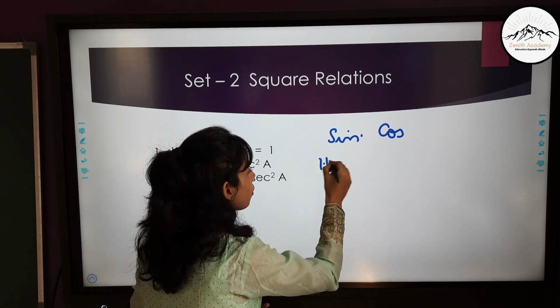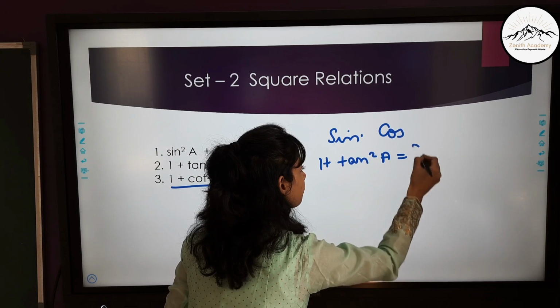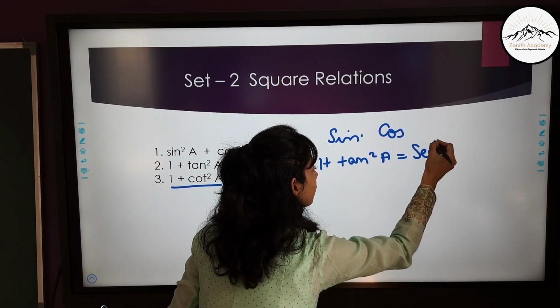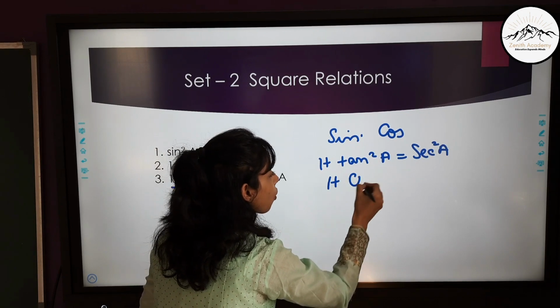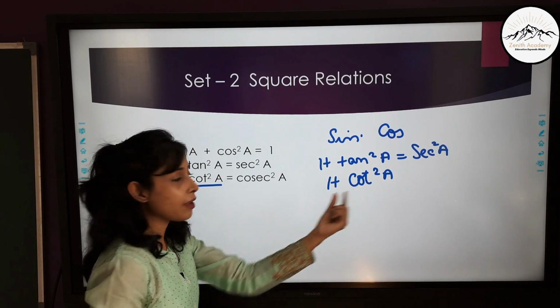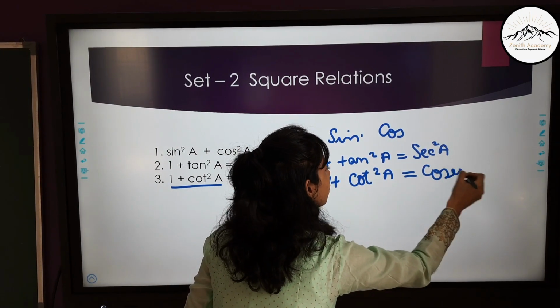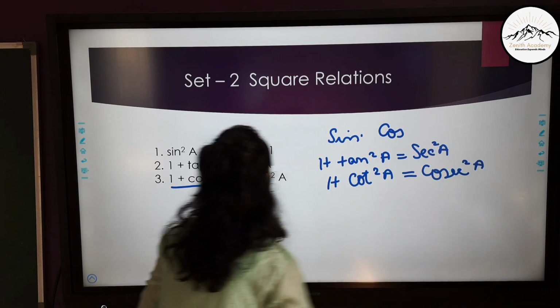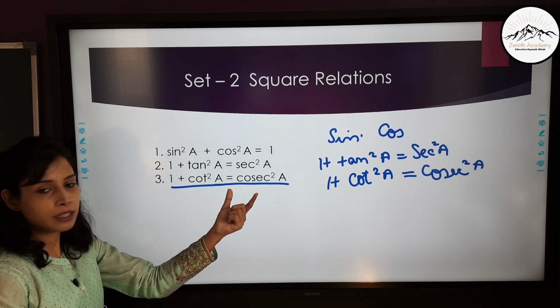So 1 plus tan square A is equal to sec square A, and 1 plus cot square A, remember this is square, is equal to cosec square A. So these are three identities.